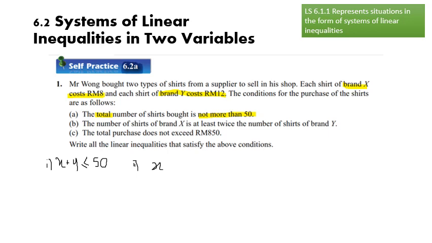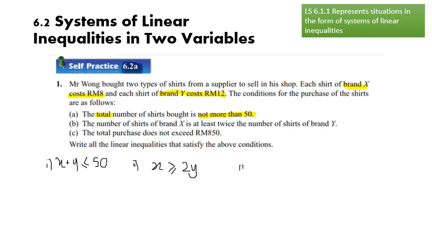So, bila dia kata at least, so maksudnya akan jadi greater than or equal to twice. So, maksudnya 2 darab y. Okay, kita translate satu-satu je. The number of shirt of brand X is at least greater or equal to twice, 2 darab y.